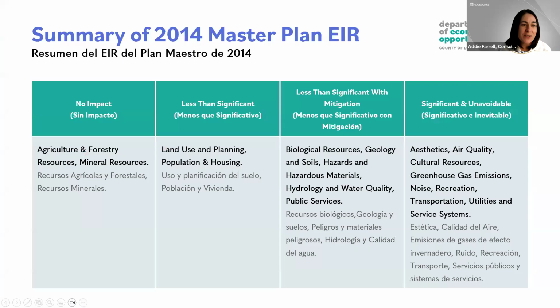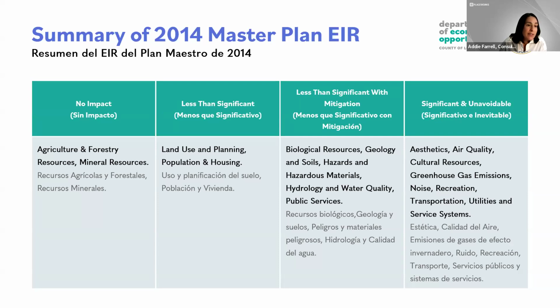Thanks, Kristen. Yeah, as mentioned, there has been a rather long history of environmental review and approvals that have happened on this campus, on this project site. So Kristen had mentioned the master plan from 2014, for which the county also prepared a program level environmental impact report around this previous master plan.